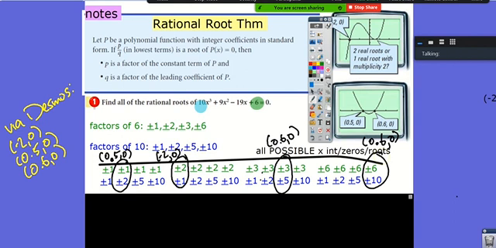So here are the steps. I'm going to add one more step of synthetic division in a little bit, but I'll mention that in the end. Your last number goes on top as your numerator.